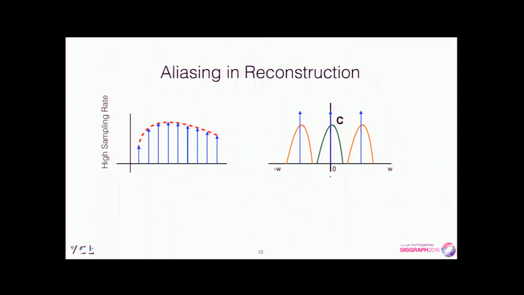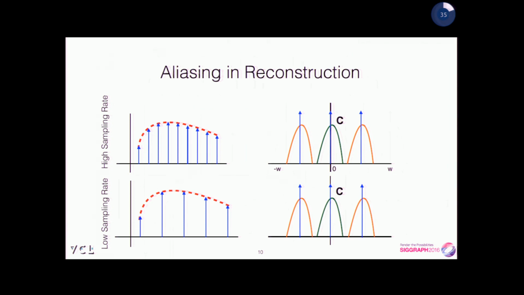So for reconstruction, if they were band limited and if these were sufficiently far away, then we can throw away all of these and just keep the central replica. We have perfect reconstruction. So reconstruction is easy. But what happens if your sampling rate is low? If your sampling rate is low, these things move closer and you get aliasing.